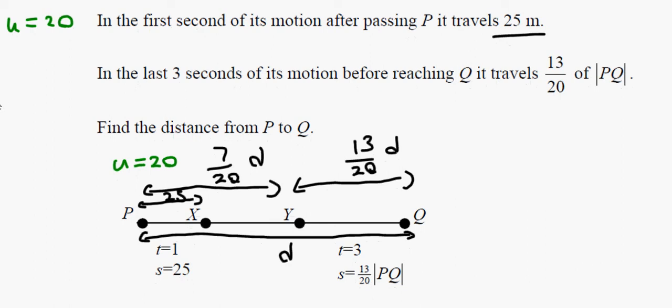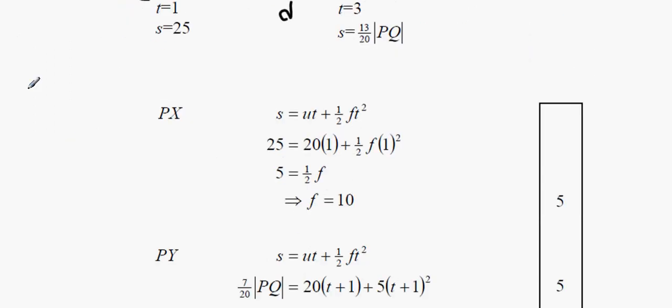So the first interval is PX, and I'm going to write the UVAST for PX. We're just going to write down as much information as we have. So u equals 20, v we don't know what it is.